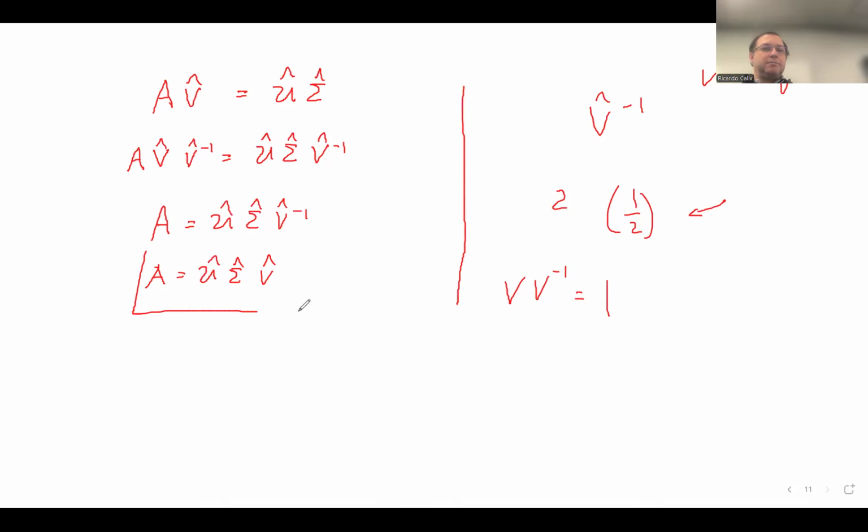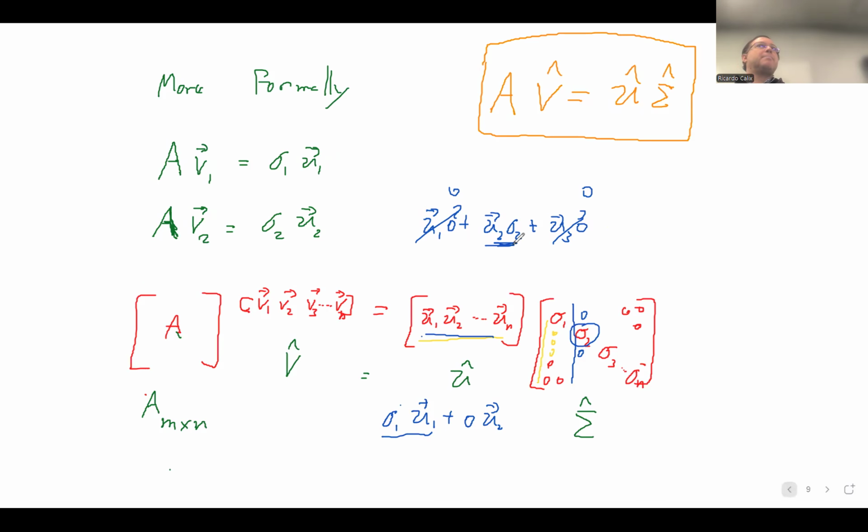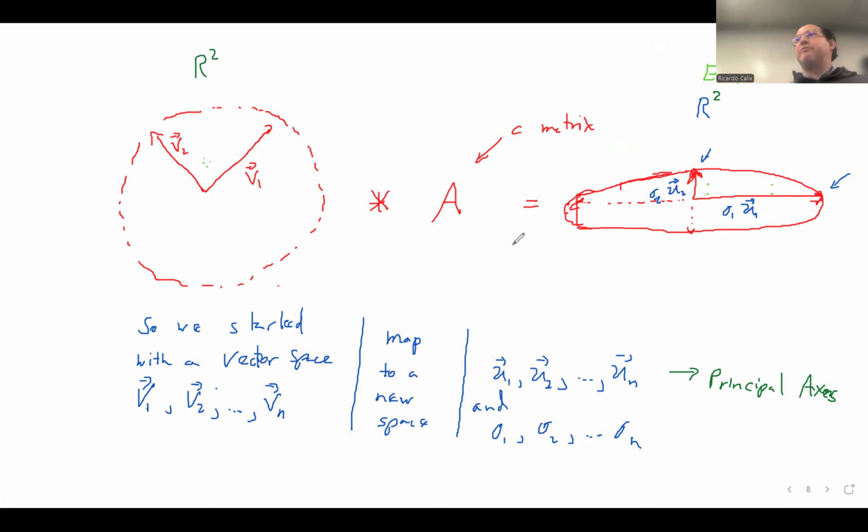Do you guys see that? This is the reduced singular value decomposition. You can see that it all ties still to this idea. So essentially, we are in fact going from one space to another space, right? And that's essentially it.